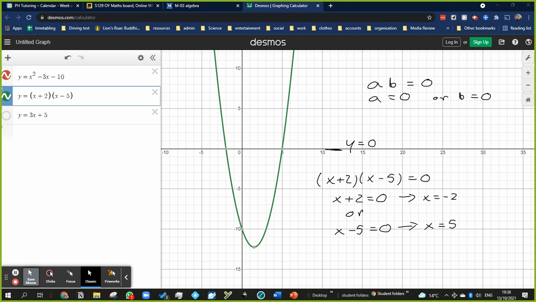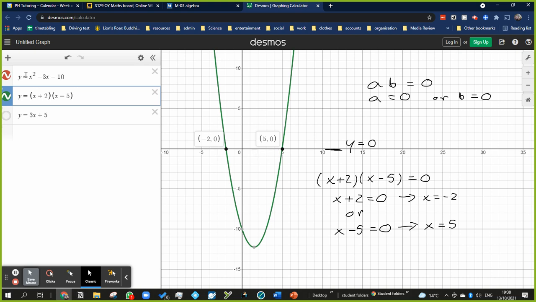And that is exactly what this graph shows. So when y equals 0, x is 5 and x is negative 2. So that is why we do this factorizing, to find the x-intercepts. You can rearrange them another way. You can do something called completing the square, and that helps us to find the bottom value, and it also helps us to find the x-intercept as well, actually.